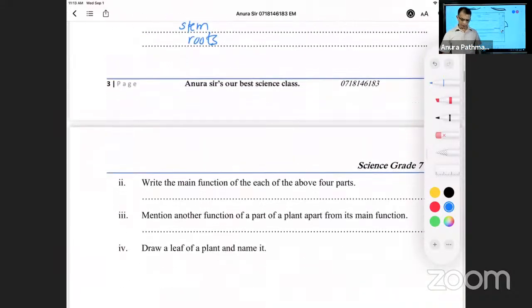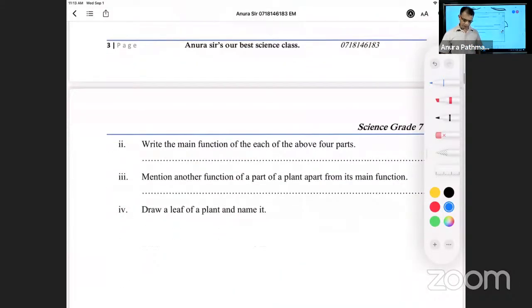If you say flowers, the space is not enough. Flower, reproduction. Leaves, photosynthesis. What is it? Stem? Flower producing food? No, not at all.